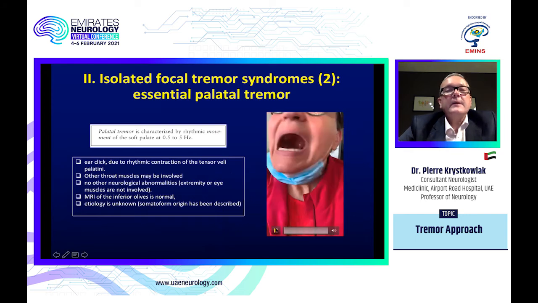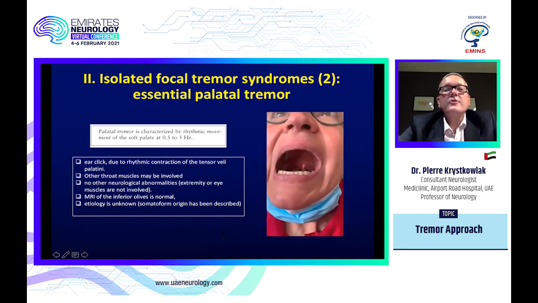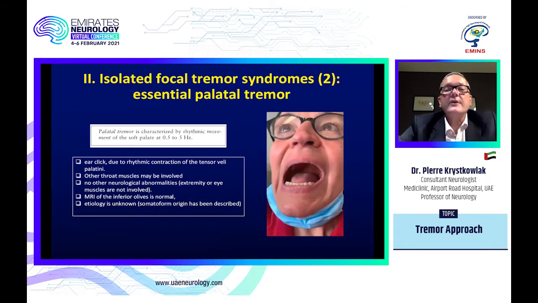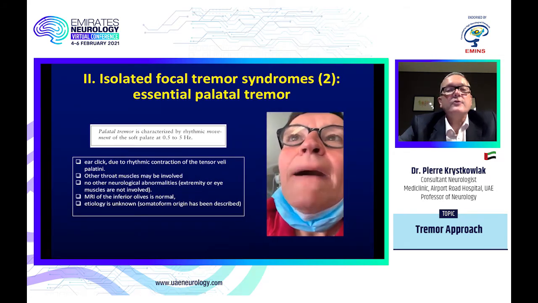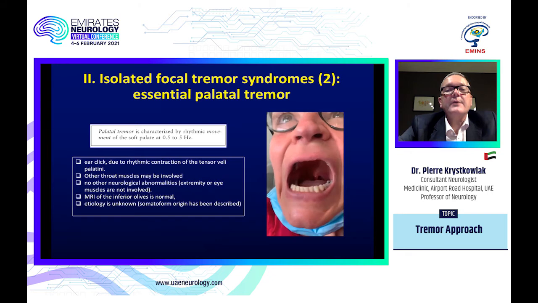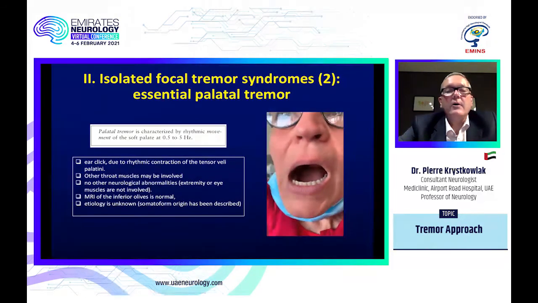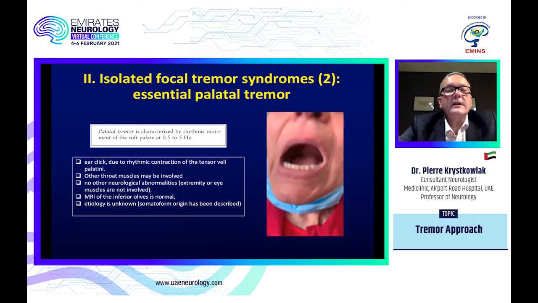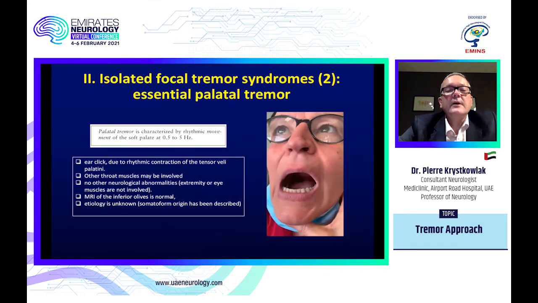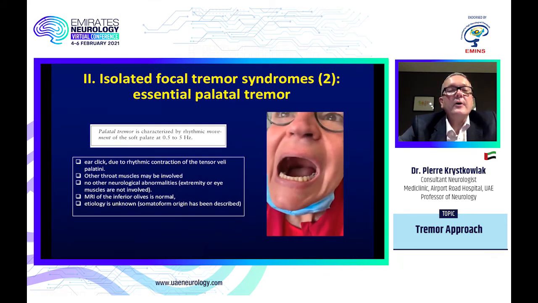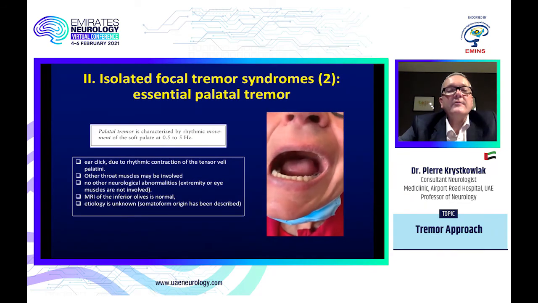So in isolated focal tremor syndrome, you also find a second entity, which is essential palatal tremor, which is characterized by rhythmic movement of the soft palate at 0.5 to 5 hertz. There is an ear click most of the time due to rhythmic contraction of the tensor veli palatini. You have also other throat muscles that can be involved.